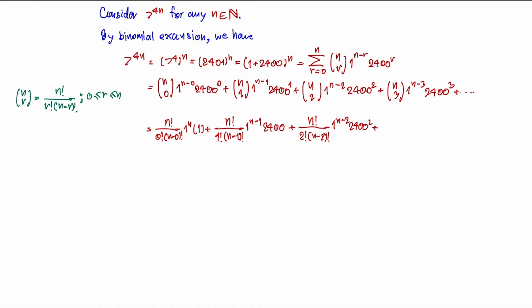And n choose 3 is n factorial over 3 factorial times n minus 3 factorial, times 1 to the n minus 3, times 2400 cubed. The powers of 1 are all 1.